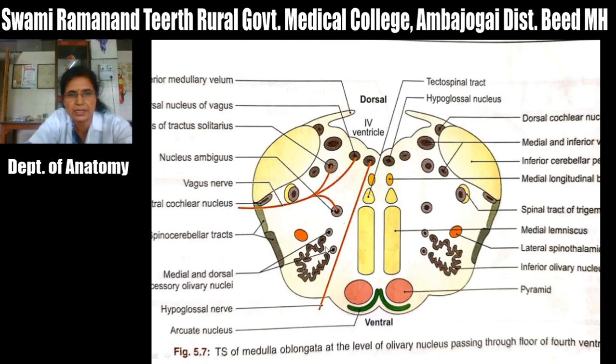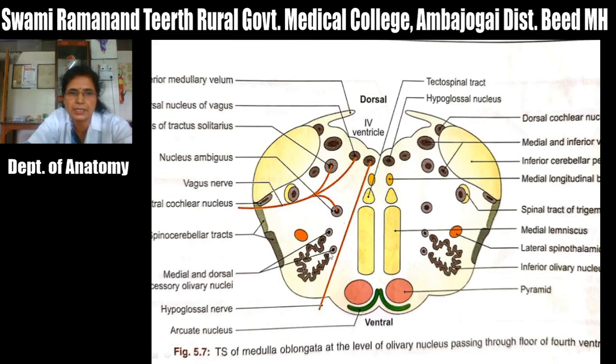Efferents of this nucleus emerge at the hilum of the inferior olivary nucleus, cross to the opposite side and enter the inferior cerebellar peduncle of the opposite side and terminate in the cerebellum as climbing fibers.